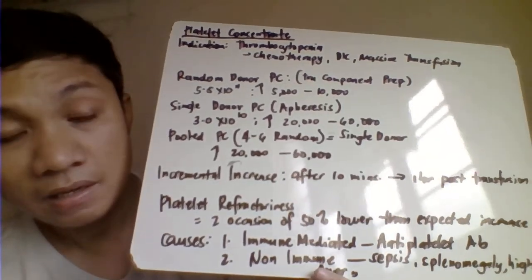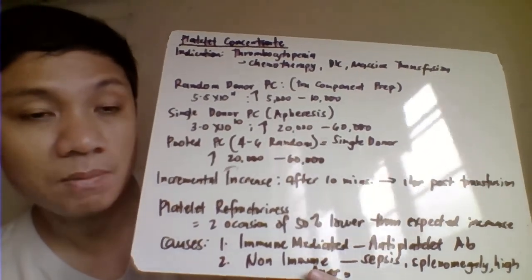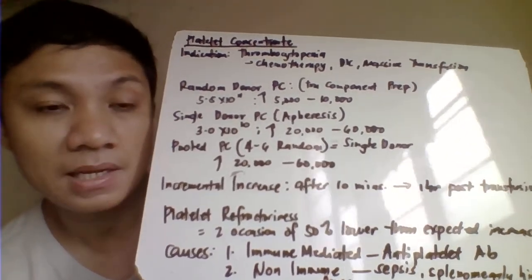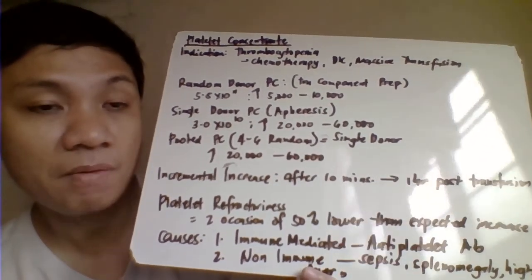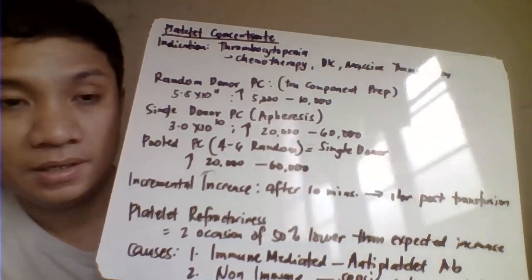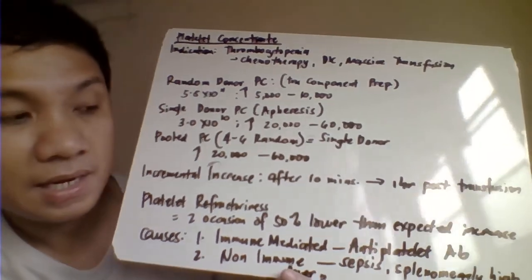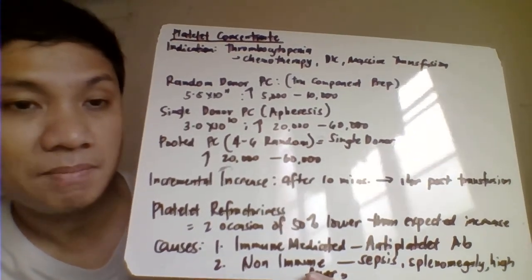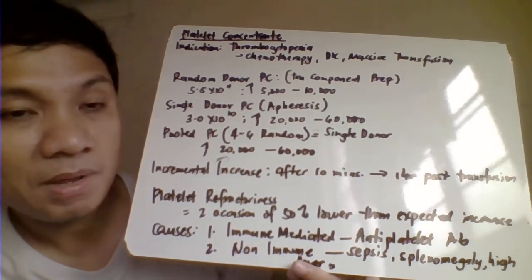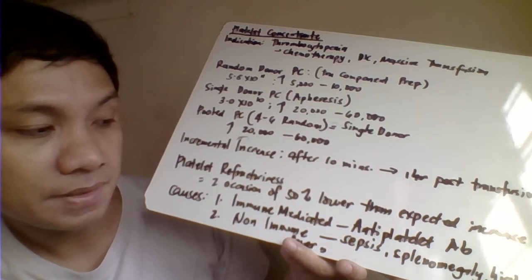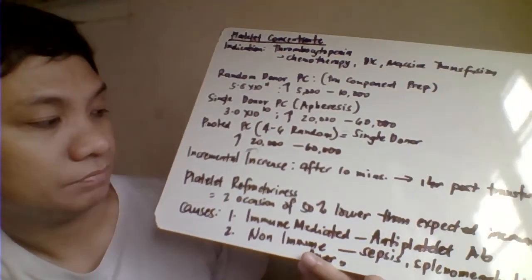So even if you transfuse the patient with a platelet concentrate, since the patient has an anti-platelet antibody, it tends to destroy the platelets coming from the donated blood. Or non-immune, which may be related to, number one, splenomegaly, because remember that the spleen tries to sequester our platelets. Another one may be related to DIC or even sepsis and even fever.